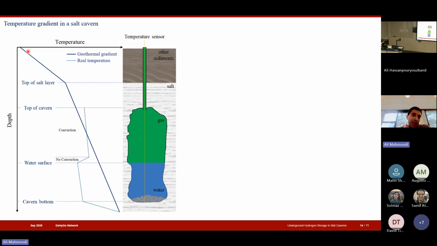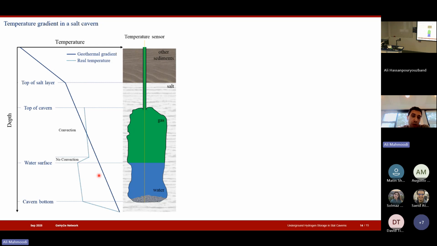Well, this is the temperature profile of the geothermal gradient in a salt formation, and this dotted line is almost what the reality is in a salt cavern. First of all, the water that we leave in the salt cavern is considerably colder than the formation around it, and it takes several years for it to warm up to the temperature of the formation.